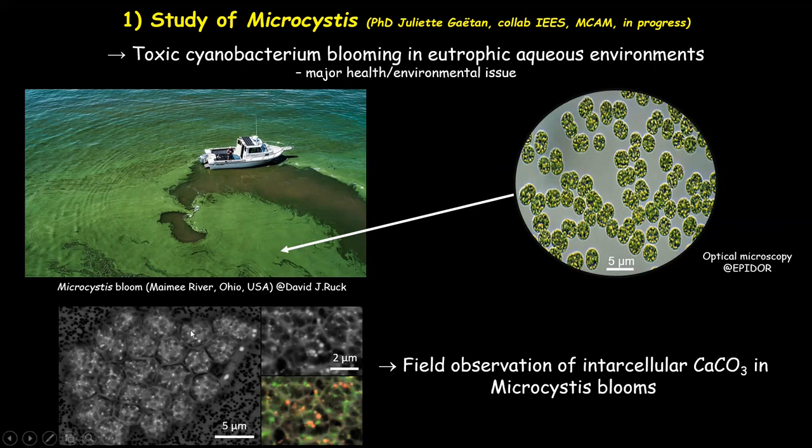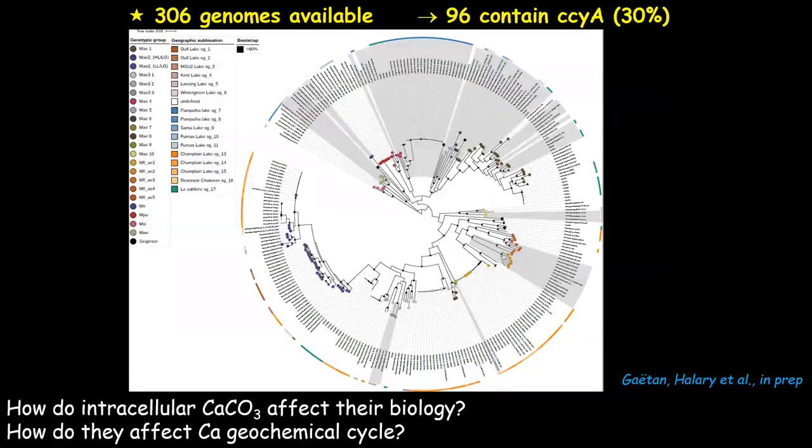Interestingly, based on field work on some of these blooms, we observed carbonate inside the Microcystis. And so again, looking at the genomes of Microcystis in databases, we could find 300 genomes right now.